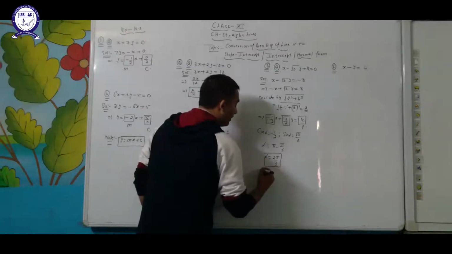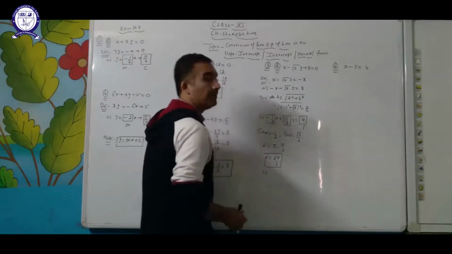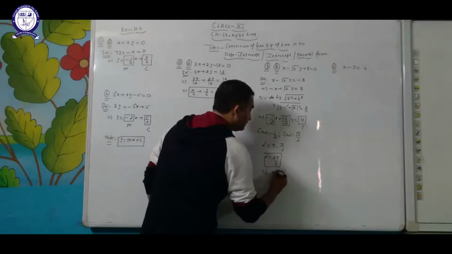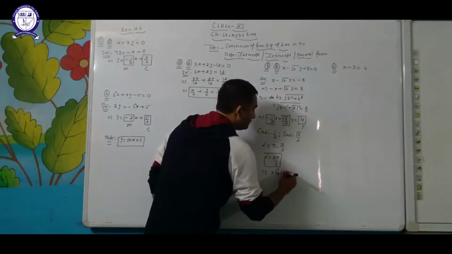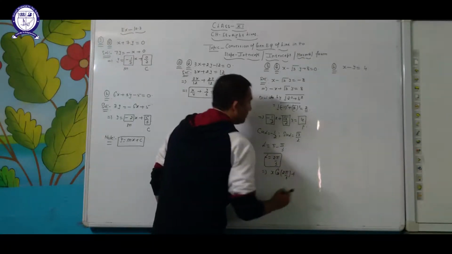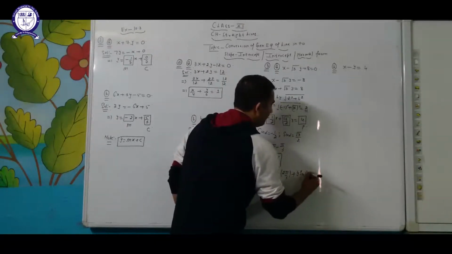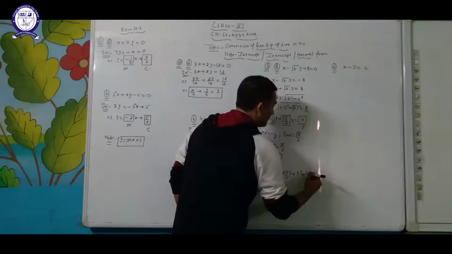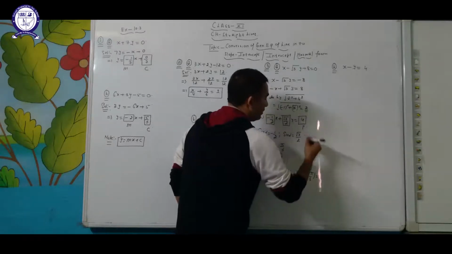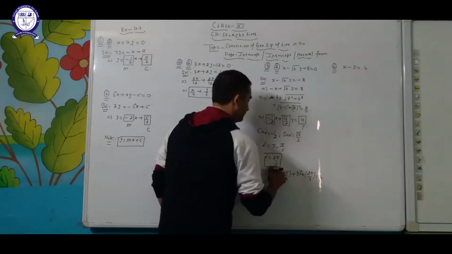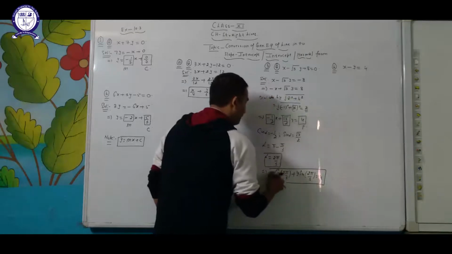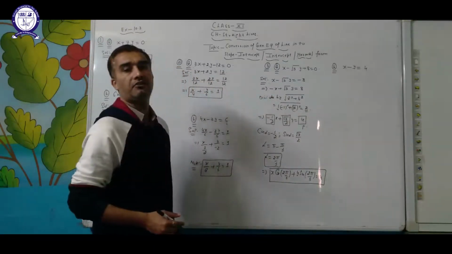Then your general equation in normal form is x cos alpha plus y sin alpha is equal to P, the normal form of the equation of a line.